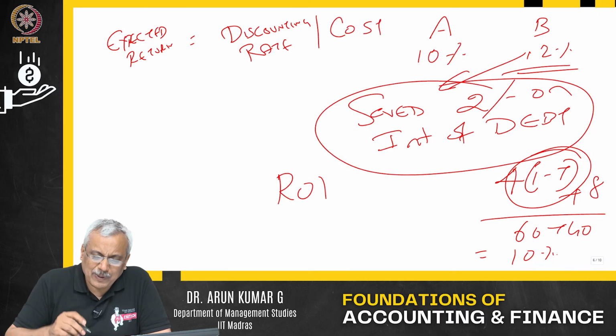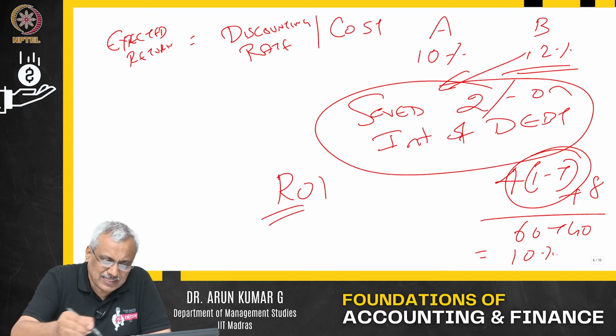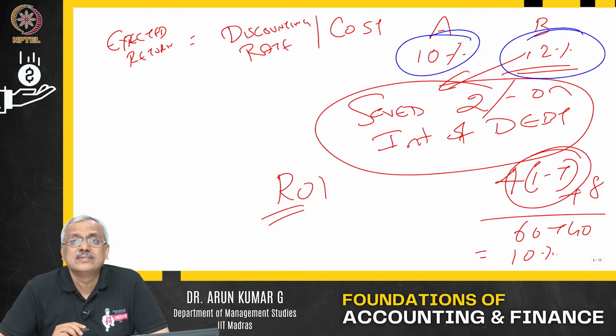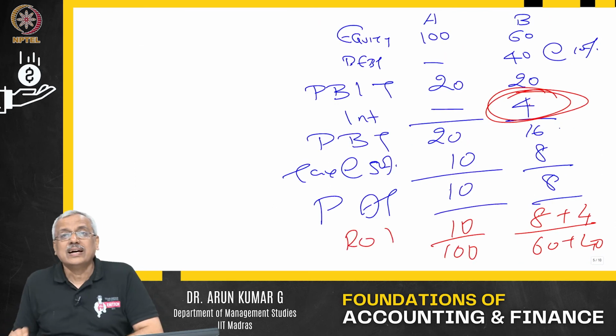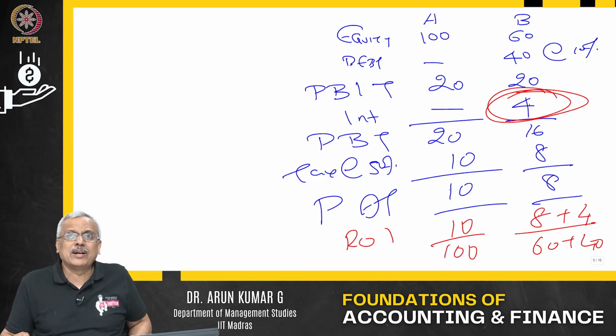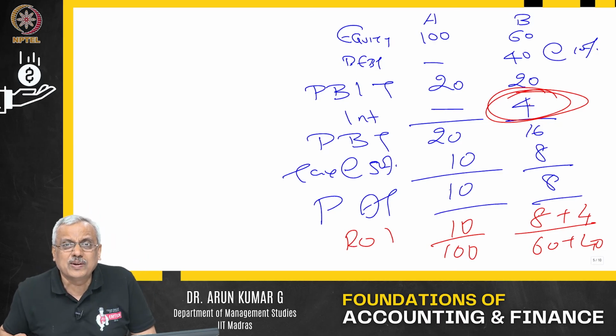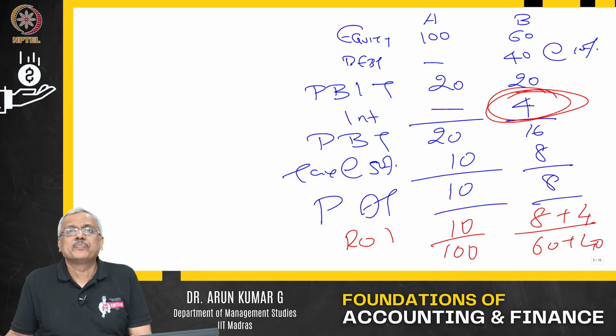The total expected return on investment in this case is only 10% out here, in this case it is 12%. Because you have debt in the firm, does your expected return increase by 2%, go to 12% out there? Need not be.